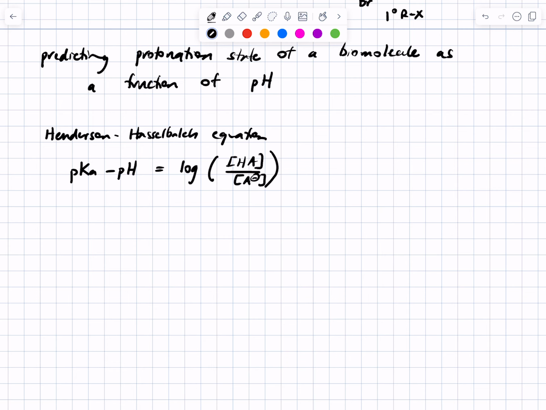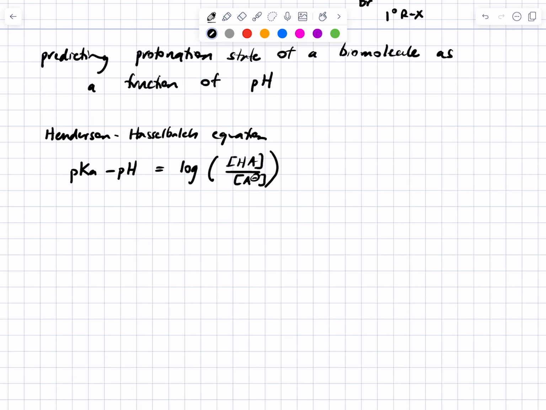That sound familiar? Getting some PTSD? Or perhaps you used it in this way: I mix these two, an acid and its conjugate base, together in this ratio, and the pKa is this. What is the pH that I get out? And you can do that math.